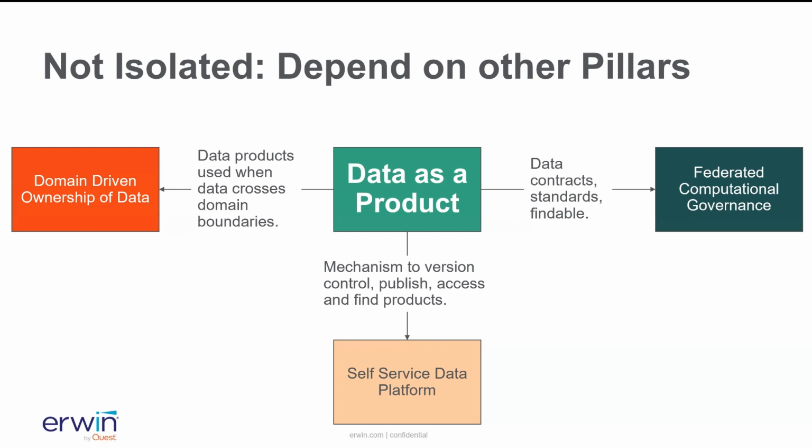So you're defining all the interactions between the domains through there. And finally, it uses the self-service data platform as the mechanism to version control and publish and access and find those products. So they are dependent on each other, and that does mean that if you're tooling up here, you need to have a tool that's interoperable with everything else inside this ecosystem, so that they can properly collaborate.